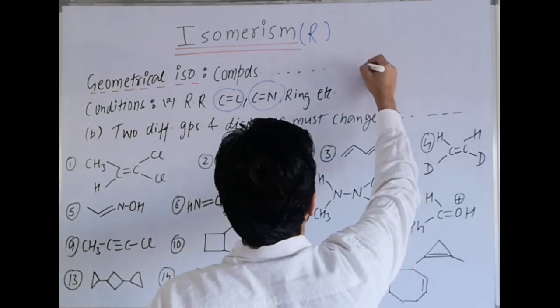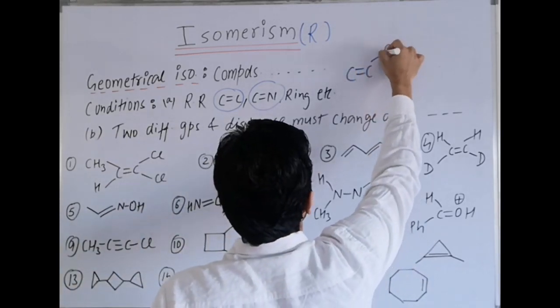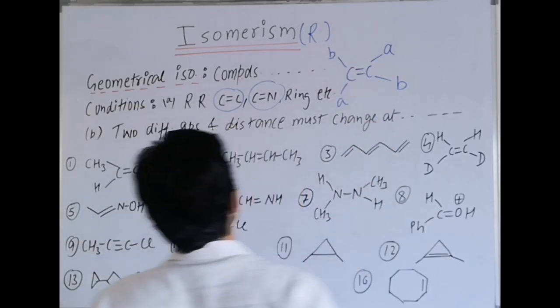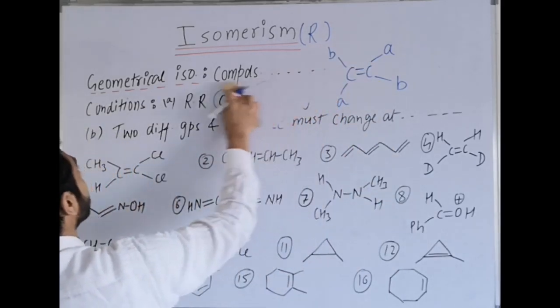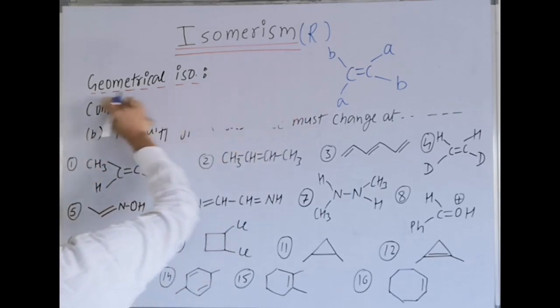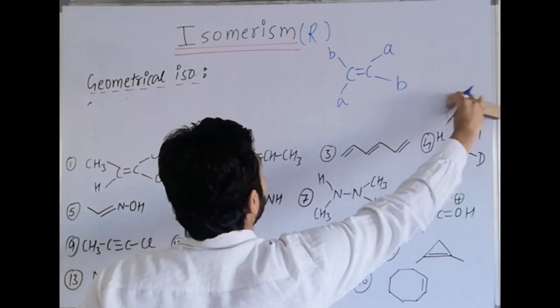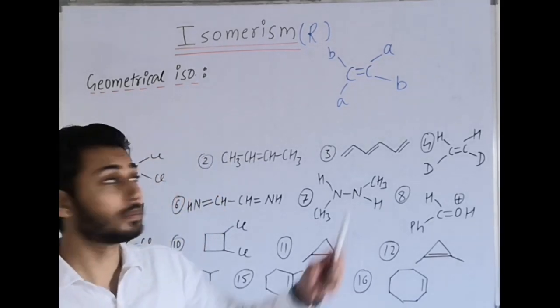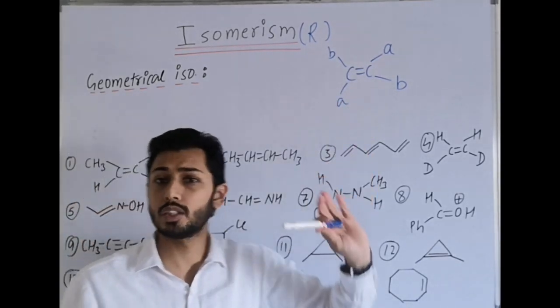For example, now you understand it better like this. Firstly, restricted rotation is there, a double bond is present, first condition, but it is not the only condition.